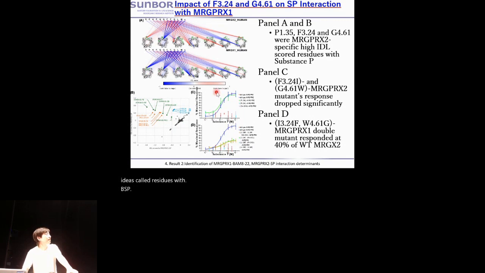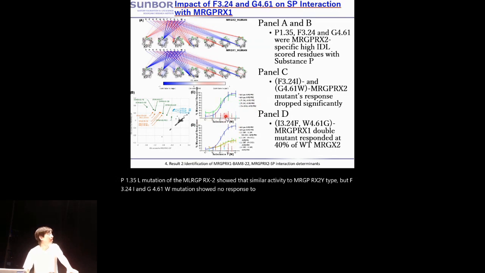Panel C shows the assay result. The P1.35L mutation of MRGPRX2 showed similar activity to MRGPRX2 wild type, but F3.24I and G4.61W mutations showed no response to SP.